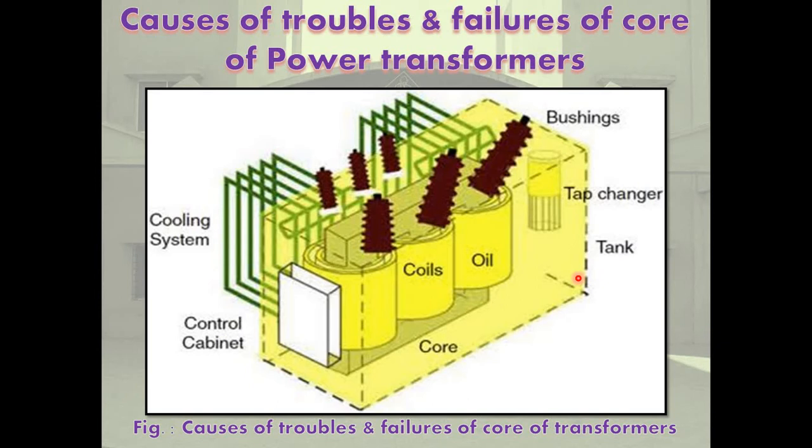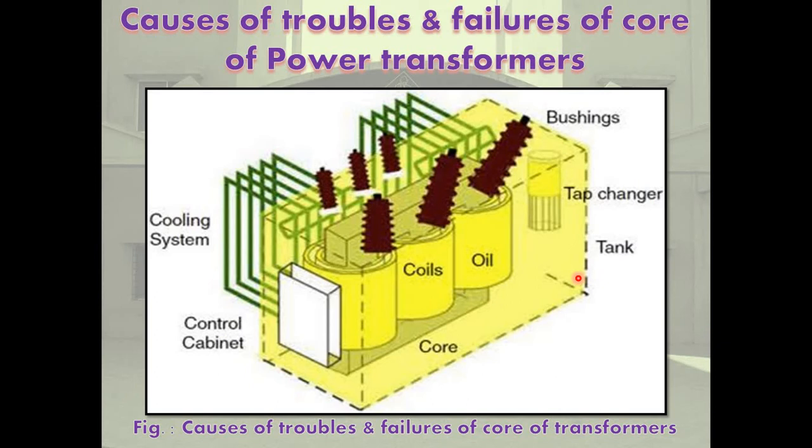Third one is excessive core heating, high magnetizing current or high inrush current. Excessive heating of the core results in temperature rise of the winding. Failure of core or bolt insulation results in moisture absorption and dielectric failure. In overheating of a power transformer, there is melting of core bolts, burning of core bolt insulation, and burning of insulation between laminations.